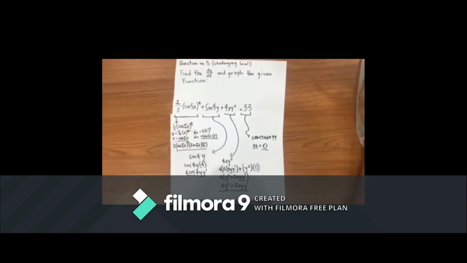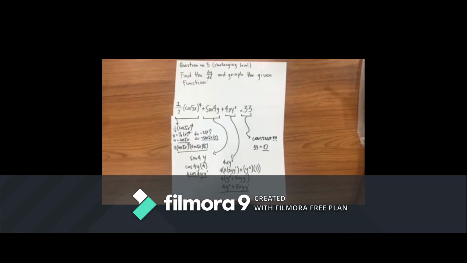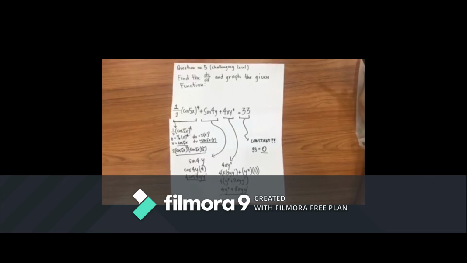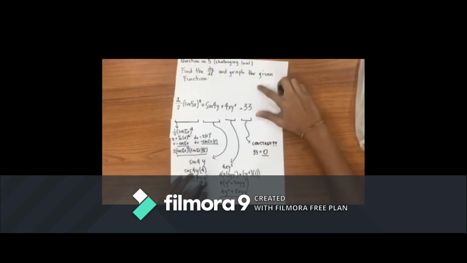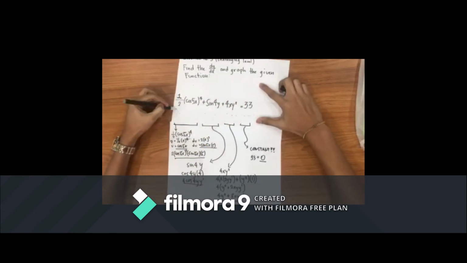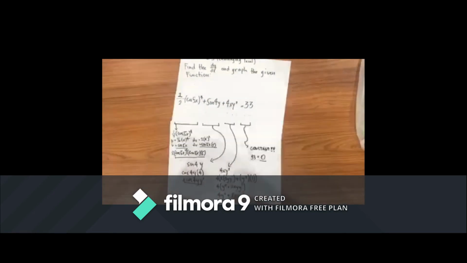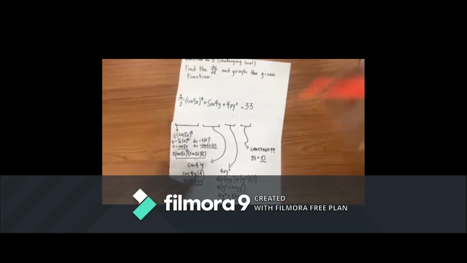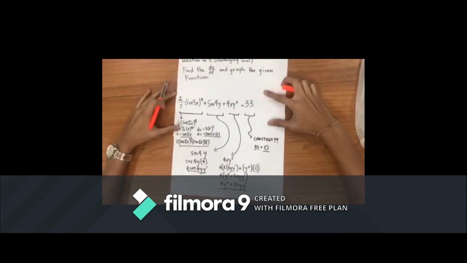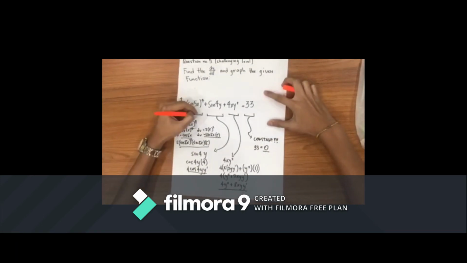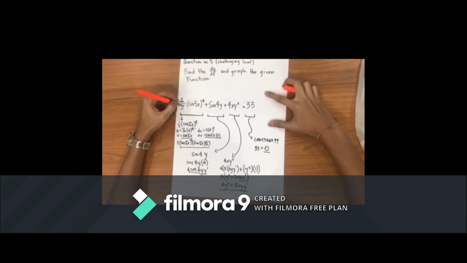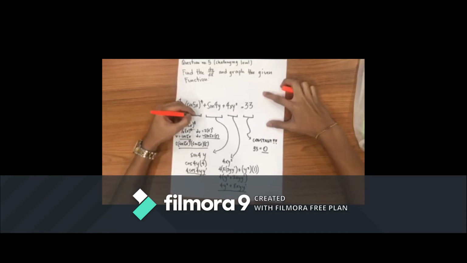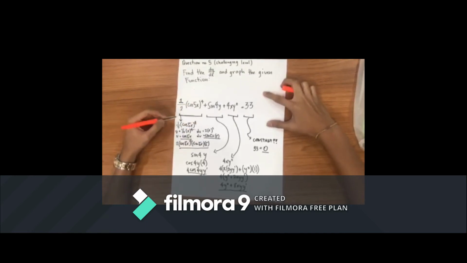Good day everyone. So I'm going to teach you how to sketch and derive an implicit and trigonometric function. So this is going to be our function. First we need to derive one term at a time. For the one-half cosine 5x, we're going to use the chain rule.